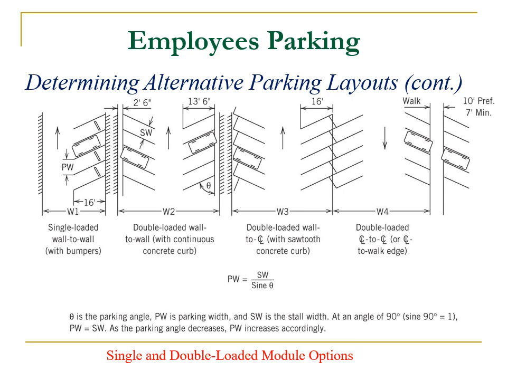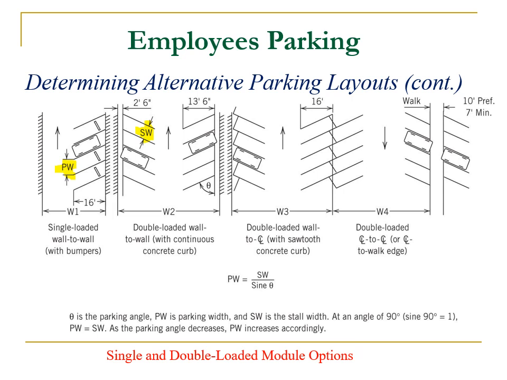The parking width is the distance here. If you are parking in an angular way, then your parking width will be the distance that is parallel to the curb. And the stall width is this distance. It's the width that you allocate for each car.